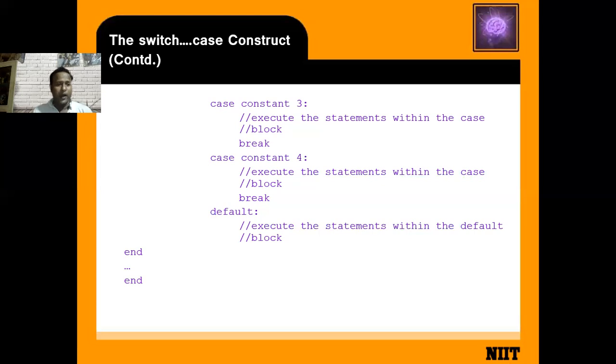If you want all the conditions to be true for the result, we use the and operator. The or operator says that if any one condition is true, it will return the true value. Not means it inverts the value: if it is true, it returns false, and if it is false, it returns true.